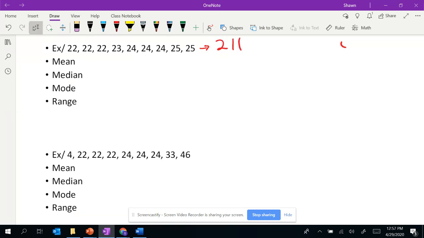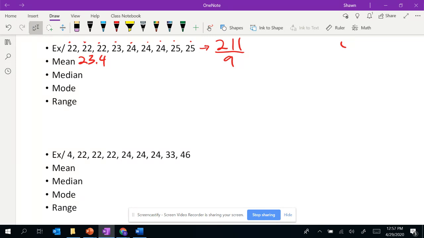To calculate the mean, you add up all the numbers and divide by how many numbers there were. That's 1, 2, 3, 4, 5, 6, 7, 8, 9, so there are 9 numbers. Divide by 9, and I get 23.4, 0.444 repeating. That's my mean, or my average.